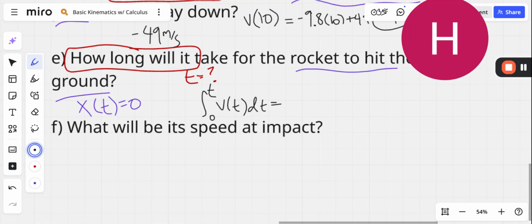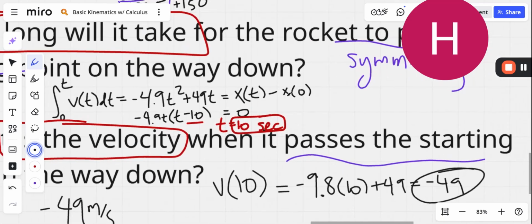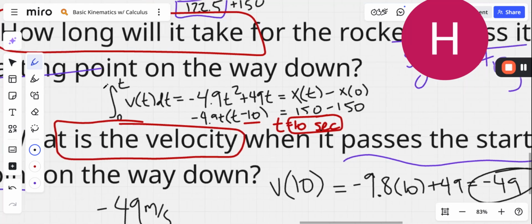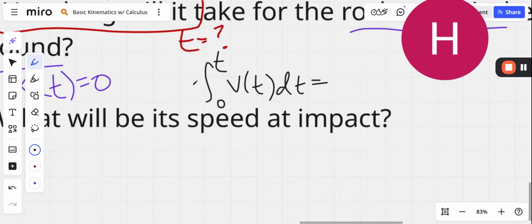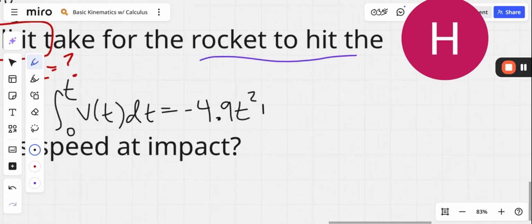For part C, we had the change of the position be 0, because x of t and x of 0 are both 150, which is the starting height, and that's the height at this point when it passes it on the way down. It should have the same height. So here, we're going to say that this is negative 4.9. We kind of get the drill. We've already done the antiderivative of v of t, so I'm just going to write it out.